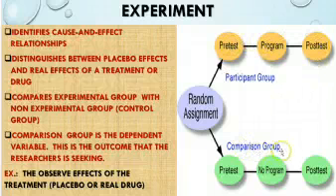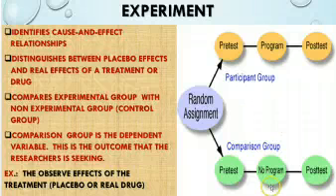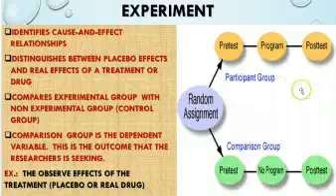But the comparison group is also given a pretest, and they receive no treatment. They're not placed in a program, and they are given a post-test. Then we can compare the comparison group with the participant group to see if the effects are any different.